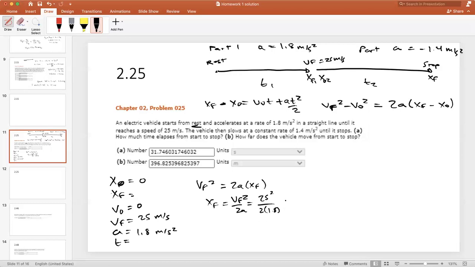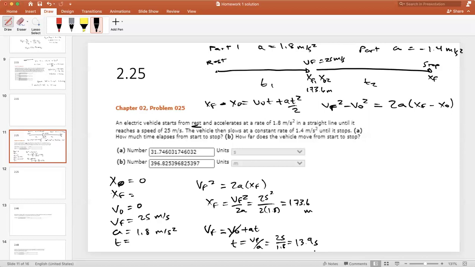So 25 times 25 divided by 3.6 is 173.6 meters. So at this point, we're at 173.6 meters. The time is easy to find because v final is equal to v initial plus at. V initial was 0, so t is v final divided by a, which is 25 divided by 1.8, which is 13.9 seconds, let's say. Close enough.